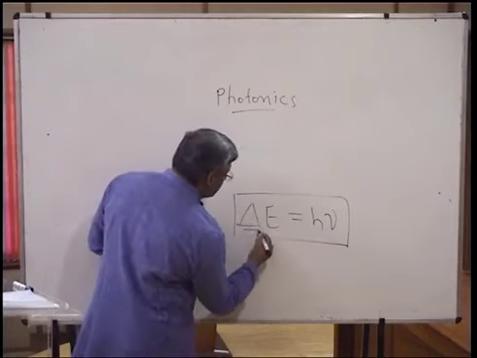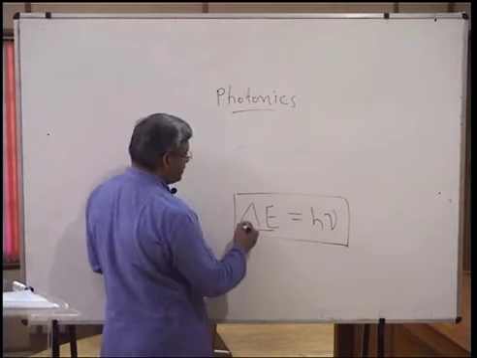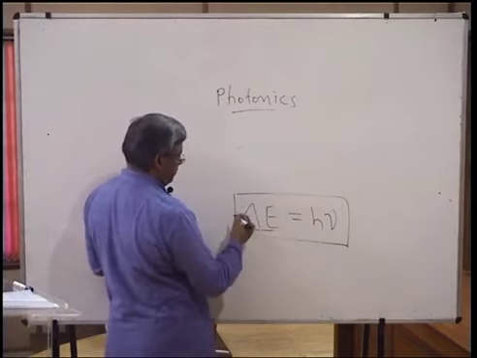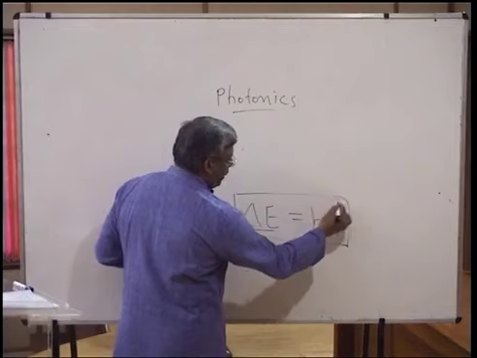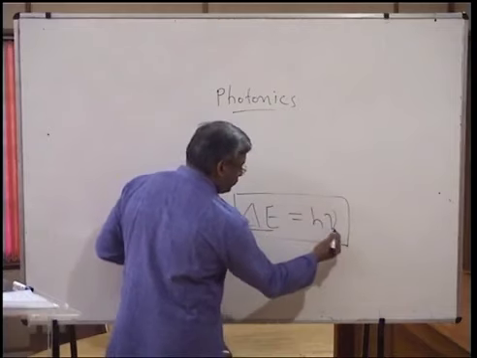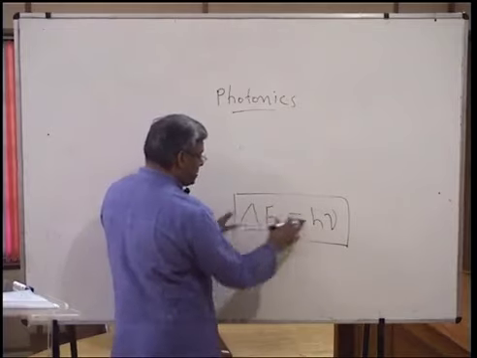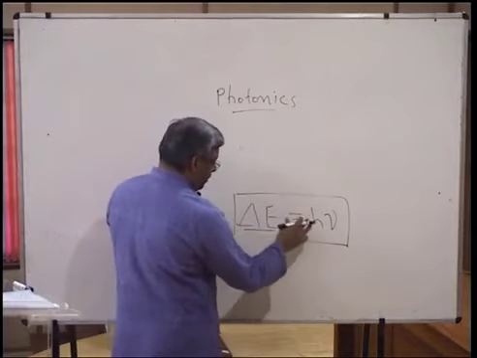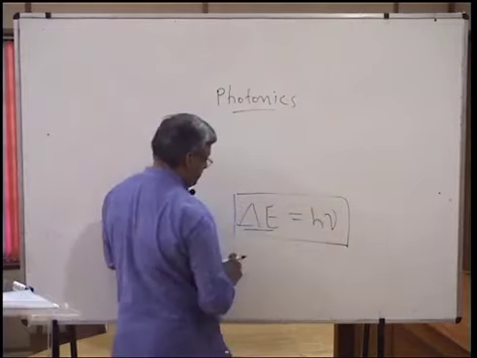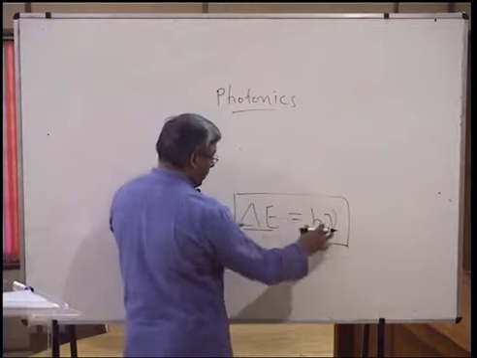What we see on the left-hand side of the equation, you can say this is the world of matter. What you see on the right-hand side, h nu, that's the world of radiation. So this equation basically means how the world of matter is related to the world of radiation. That is why it is called quantum theory of radiation.